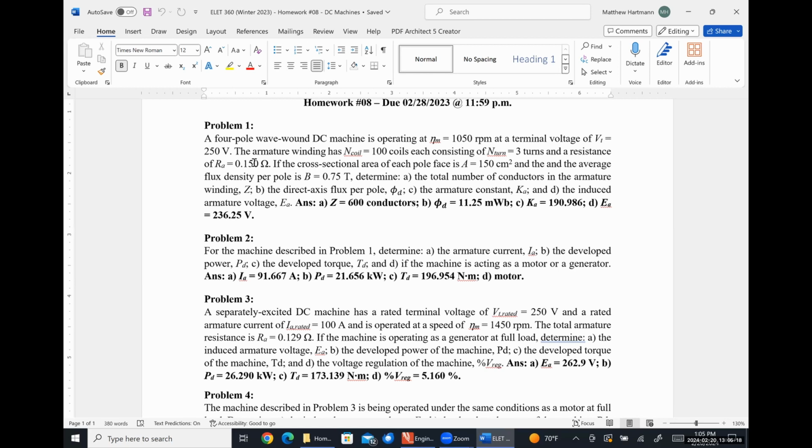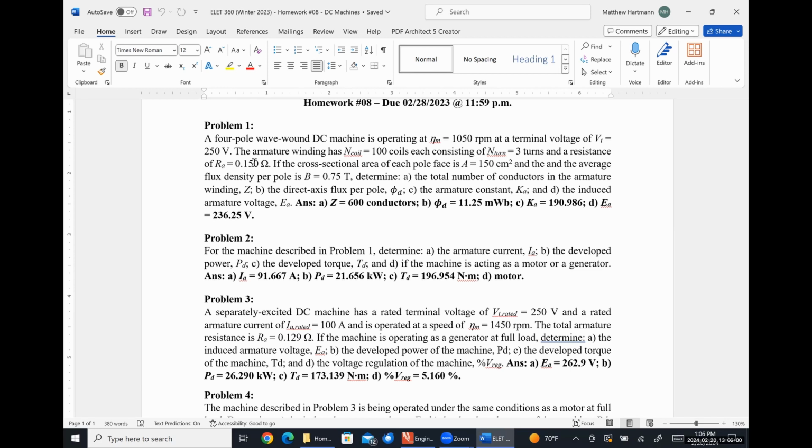Okay, so the only thing right off the top of my head that I'm not remembering exactly how to do here is actually the first part, the IA.